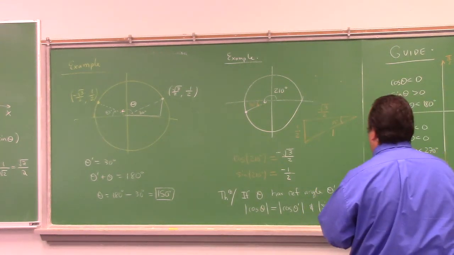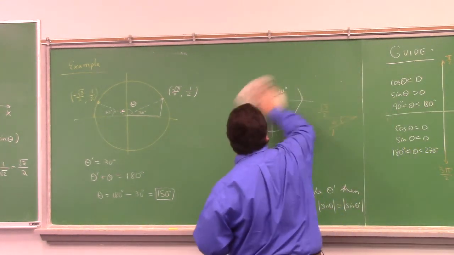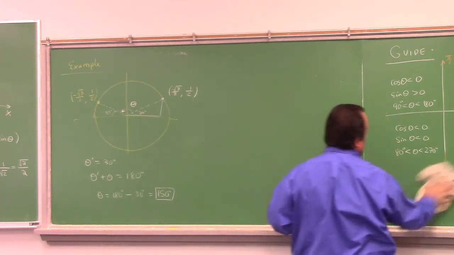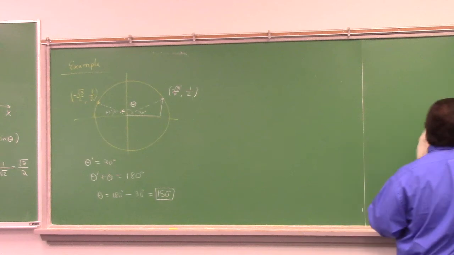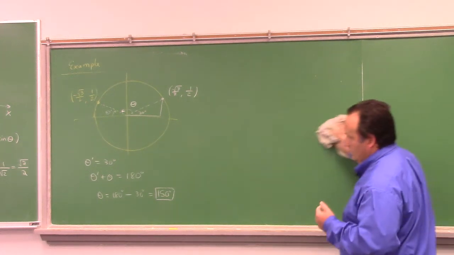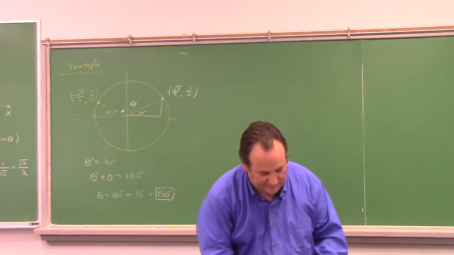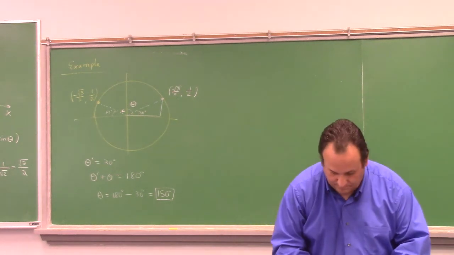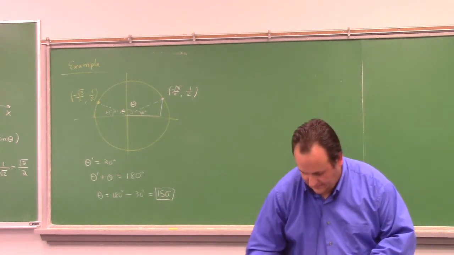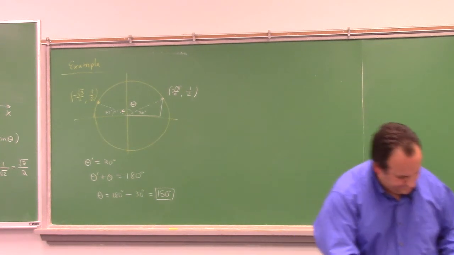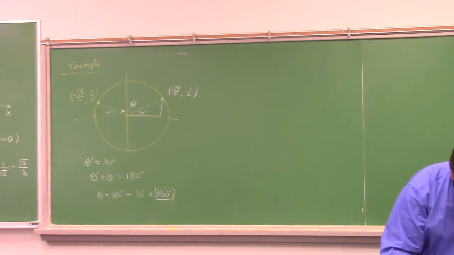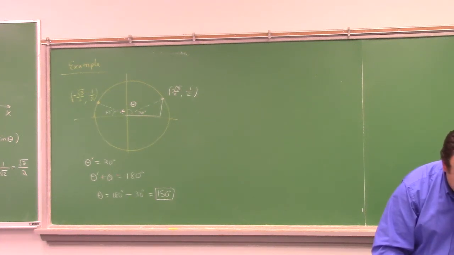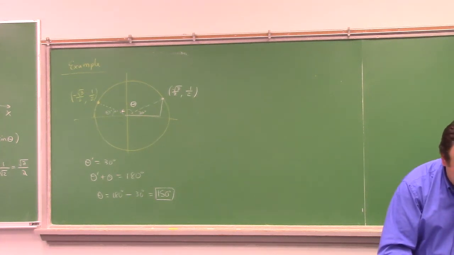Let's see here. Now, of course, at some point or another, we should start using our calculators, right? Of course, I have forgotten mine at the moment, but let's see if I can figure it out. These are technology exercises.